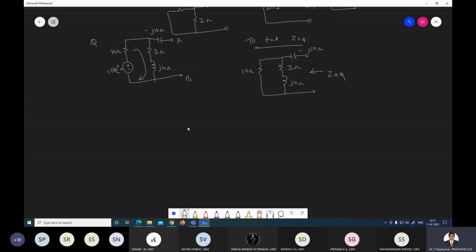Now, what is the Z equivalent here? Z equivalent is equal to 3 plus j4, that is in series. This will be in parallel to the 10 ohm. Whatever comes now, that will be in series with the capacitor minus j10.